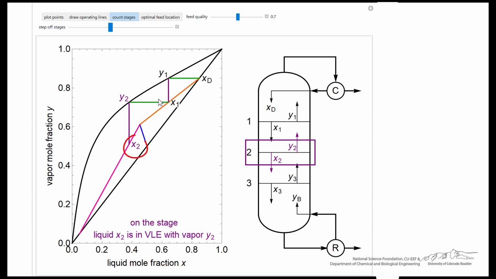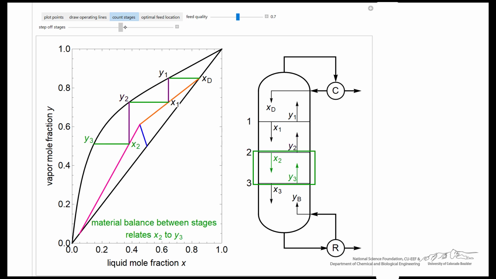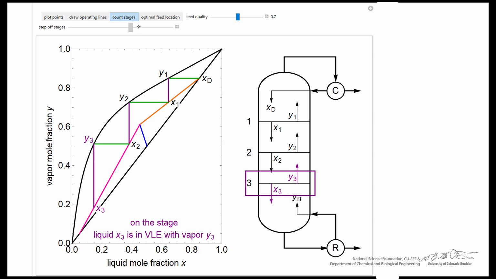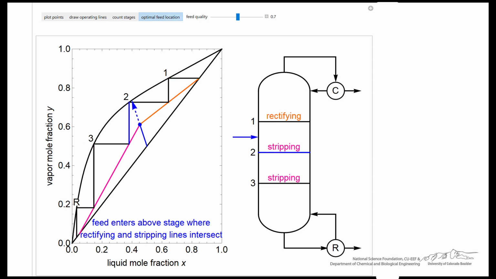This point is also mass balance. And I can step through to get to the bottom. That's also a stage, the reboiler. And then it shows where the optimal feed location is for this particular system. So very brief, but hopefully it gives you an idea of how to use this interactive simulation, change the quality, and see how that affects things.